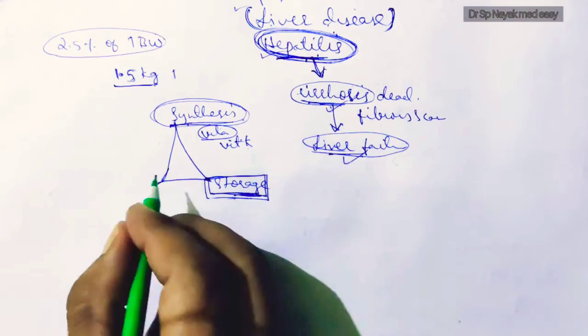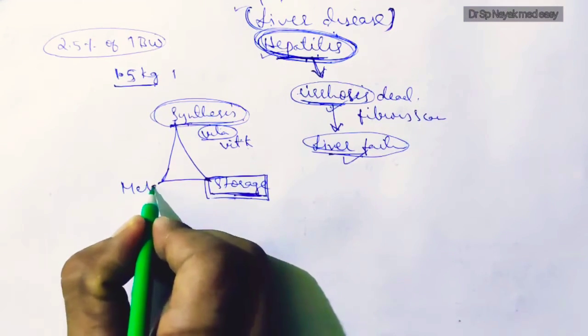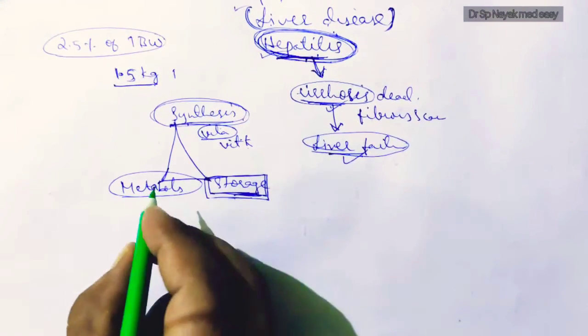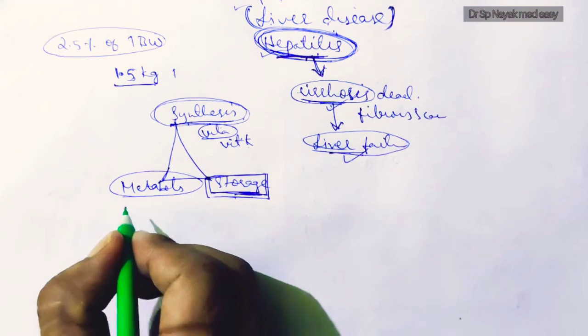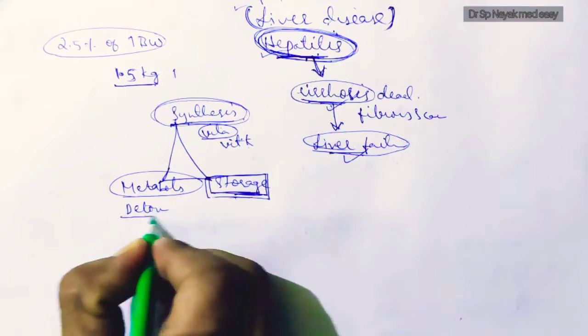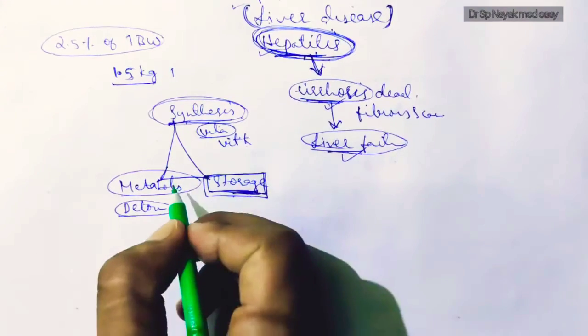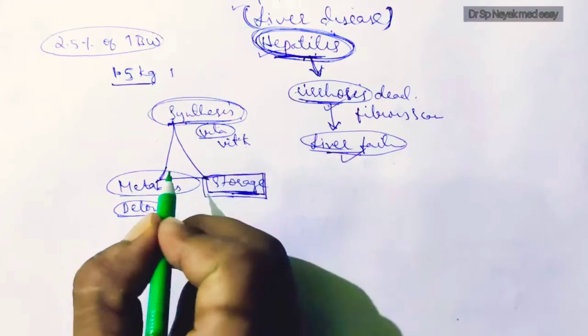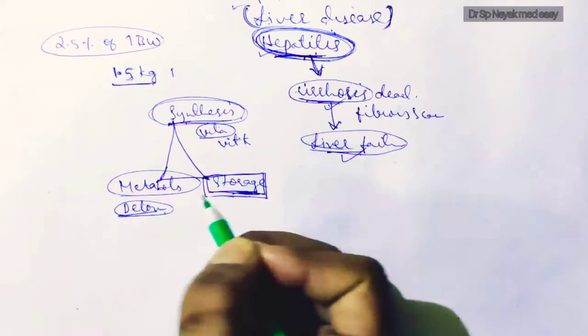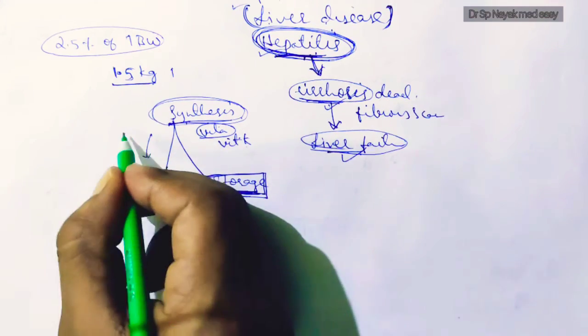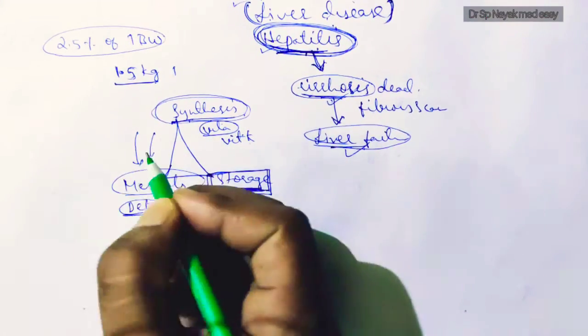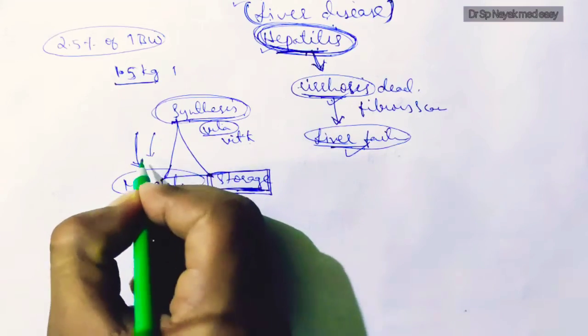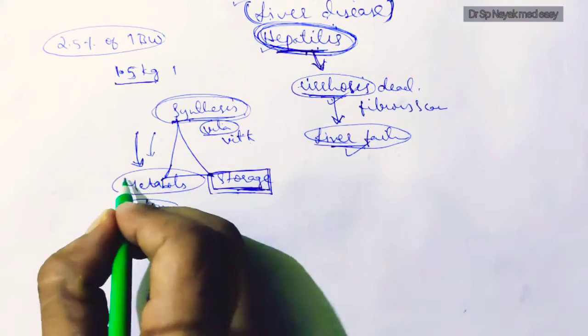And the final function is metabolic function, which can also be denoted as detoxifying function. The liver is a very important organ which has detoxifying function. Whenever a patient takes a drug or exogenous toxin, all the exogenous chemical compounds are first screened into the liver.